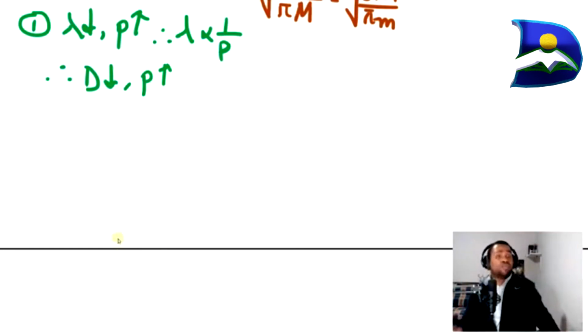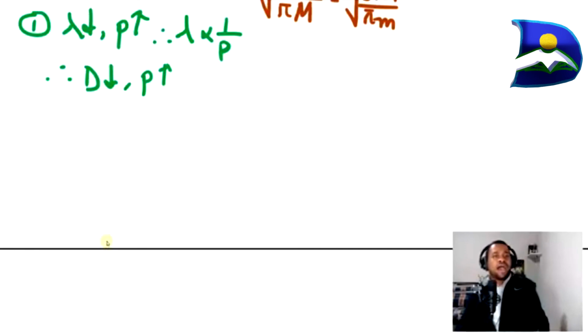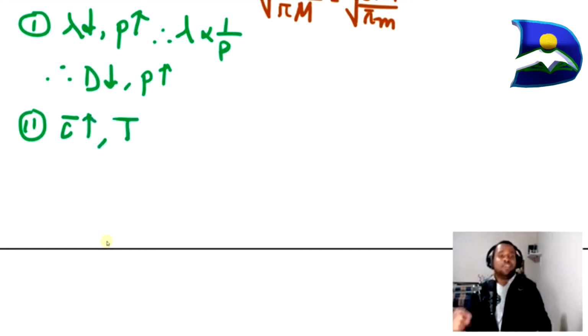So that is one particular assumption to keep in mind, relating our mean free path with our pressure and then connecting it overall to the diffusion. Secondly, we have the other one which shows our relationship between the mean speed and the temperature, where we know that as the mean speed increases, the temperature increases.